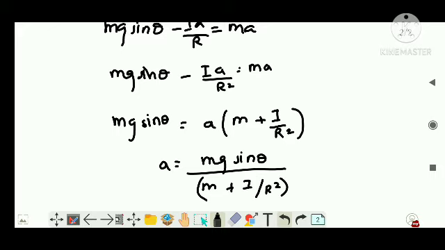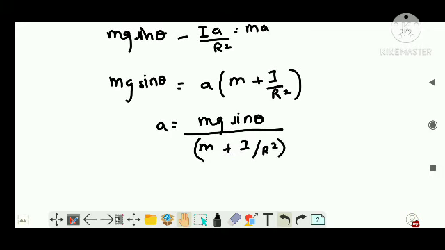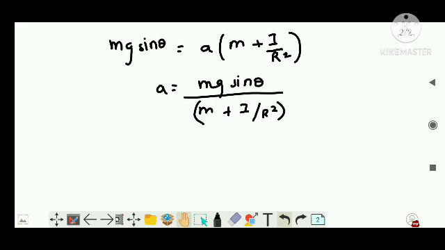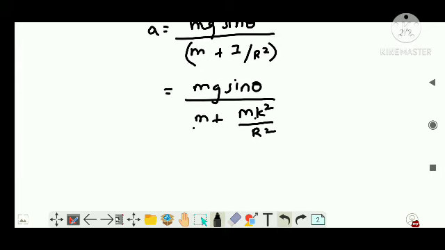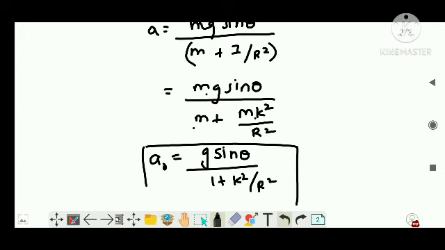You can keep this equation like this, or write the moment of inertia in terms of radius of gyration as m k squared divided by R squared. Taking m common, and the numerator also has m, the answer becomes g sin theta divided by 1 plus k squared by R squared. This is the expression for the acceleration of a rolling body on reaching the bottom of an inclined plane.